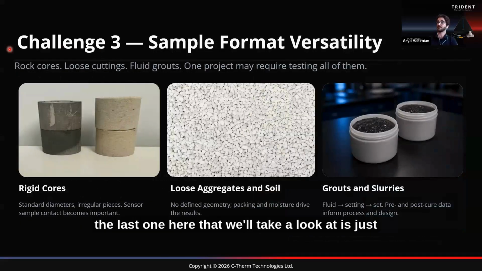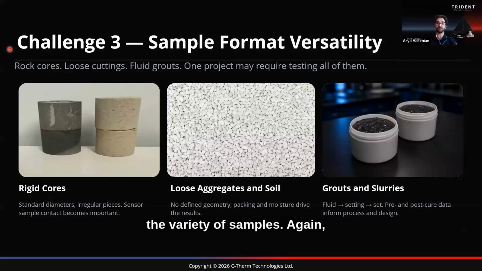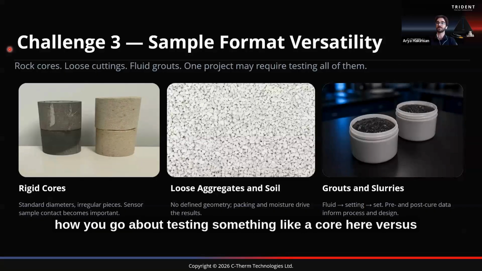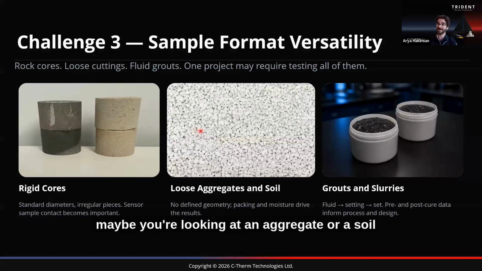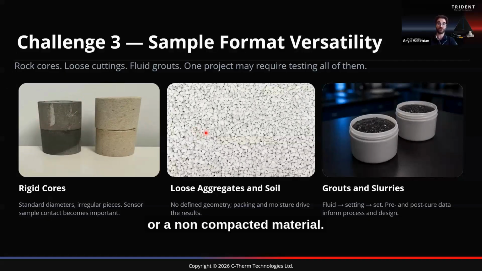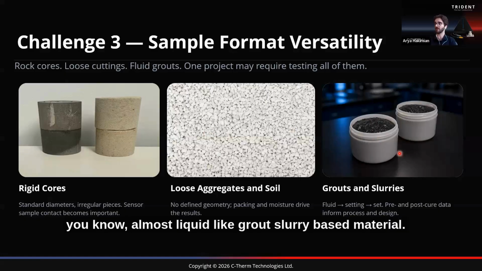And like I said, the last one here that we'll take a look at is just the variety of samples. Again, how you go about testing something like a core versus maybe an aggregate or a soil, or a non-compacted material versus something that's almost liquid, like grout, slurry-based material.